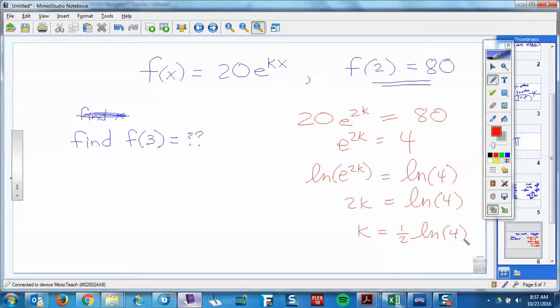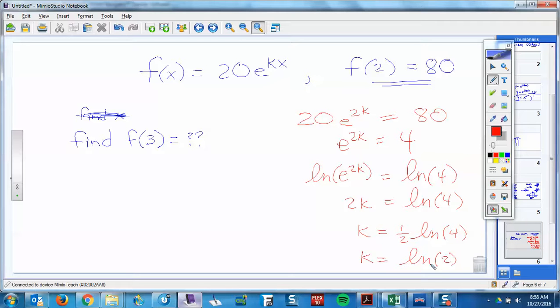Of course, we can make this simpler on ourselves. What can we do with this 1/2? Put it in there as a power. What's 4 to the 1/2? That's the square root, that's 2. So this is just ln 2. Now, it's not because we took half of 4, don't think we did that. We put 1/2 on as the power, and it's 4 to the 1/2 power, which is the square root of 4.